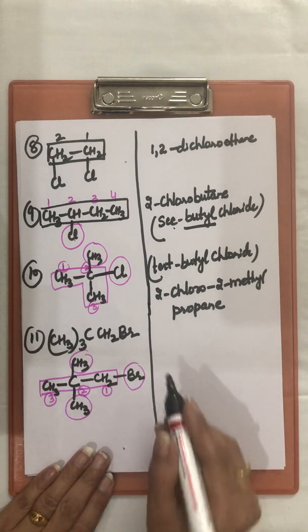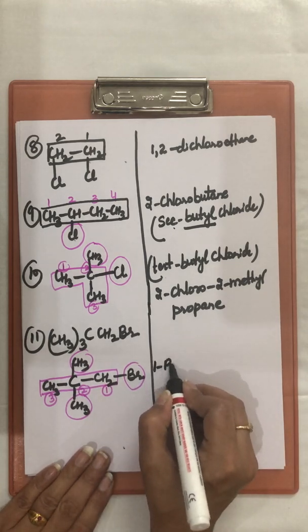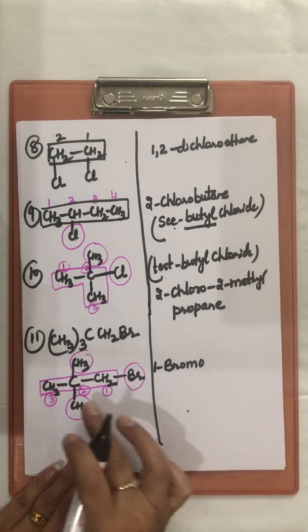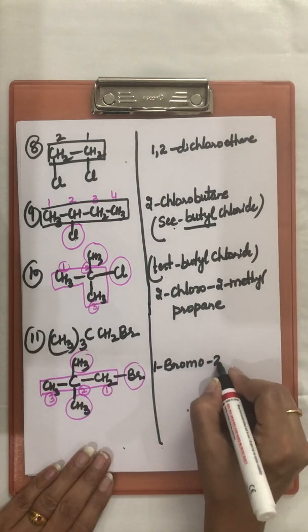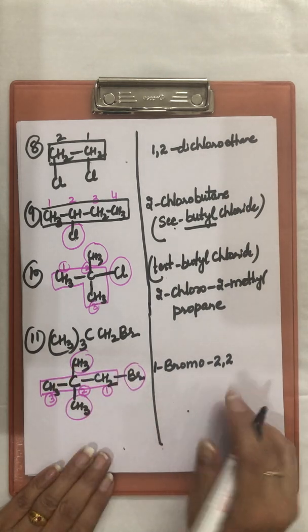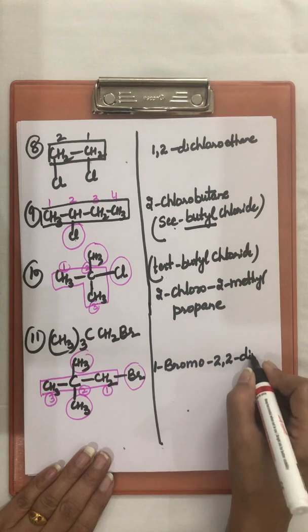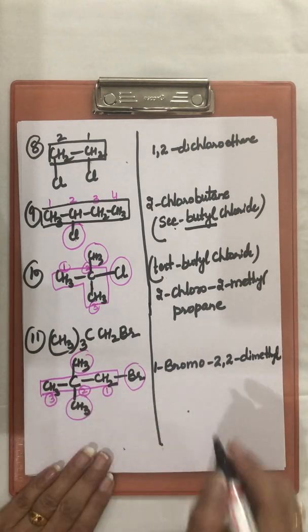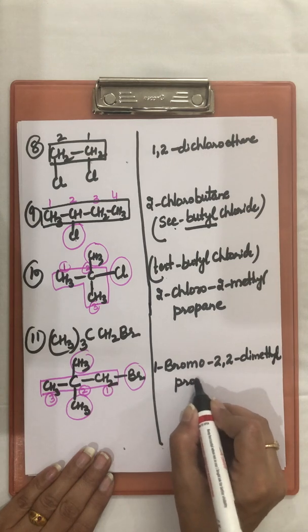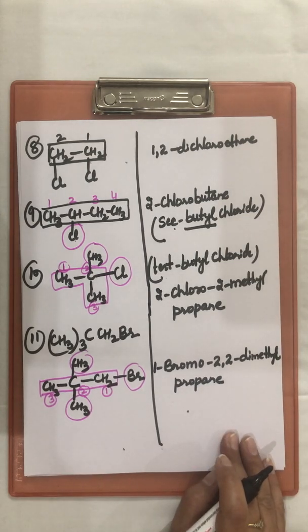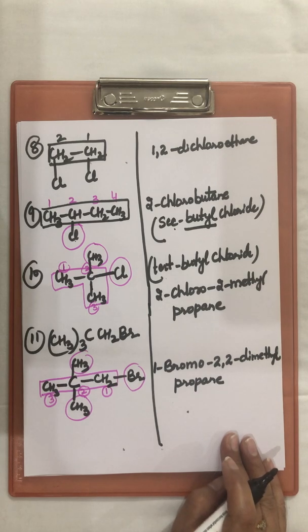First will be bromo, that is attached to the first carbon atom, 1-bromo. Then come to the second carbon atom. There are 2 methyl groups here. So 2,2-dimethyl. Then come to the parent chain. 3 carbon atoms are here, so this is propane. So the IUPAC name of this compound is 1-bromo-2,2-dimethylpropane.